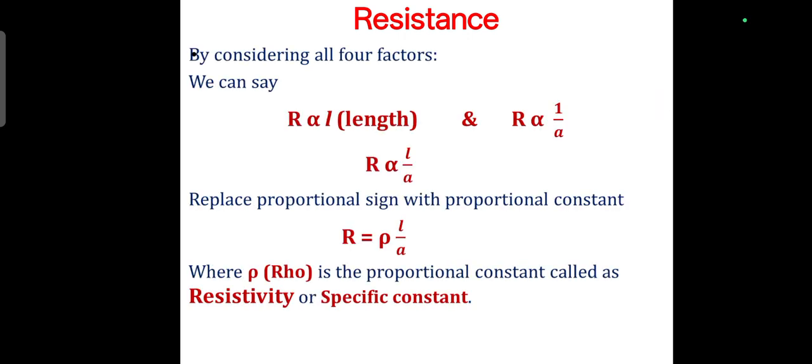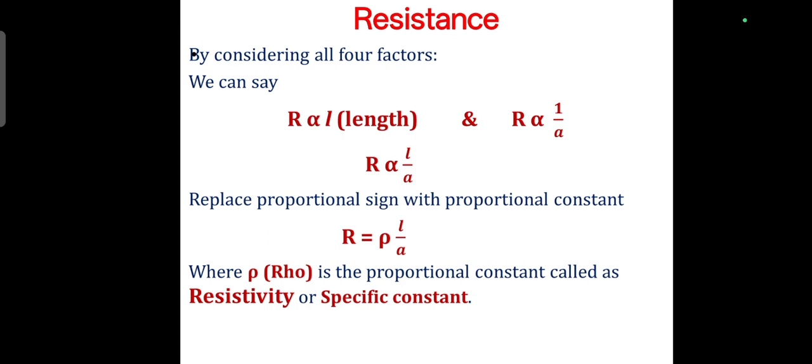By concluding all four factors, we can express the resistance mathematically. R is directly proportional to the length L, and R is inversely proportional to the area A. So we can write R is directly proportional to L by A. To replace the proportional sign, we take a proportional constant, rho.